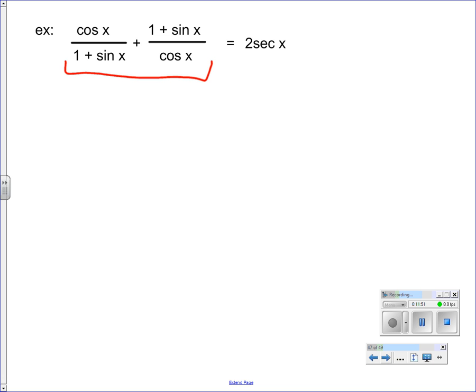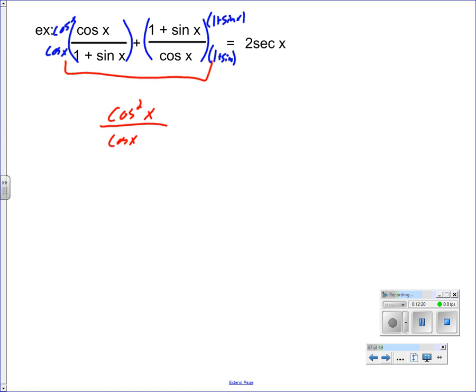So I can multiply this fraction on the left by cosine. I can multiply this fraction on the right by 1 plus sine. So if I do that on the left side, I'll have cosine squared over cosine times 1 plus sine.